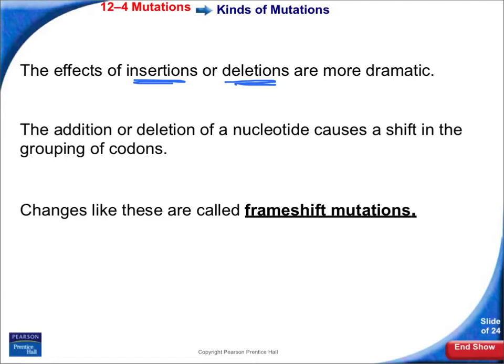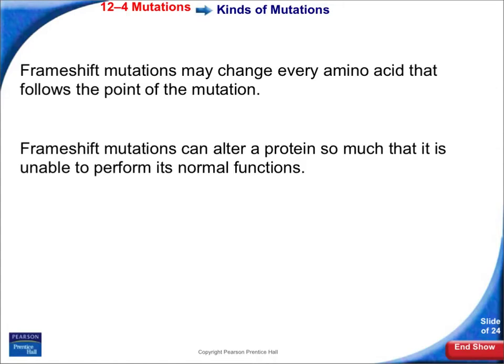So what's going to happen is our sequence is going to shift, and we call that a frameshift mutation. With a frameshift mutation, it's not going to affect just one amino acid. It's going to change every single amino acid after that letter is either inserted or deleted. That's why we call it a frameshift.